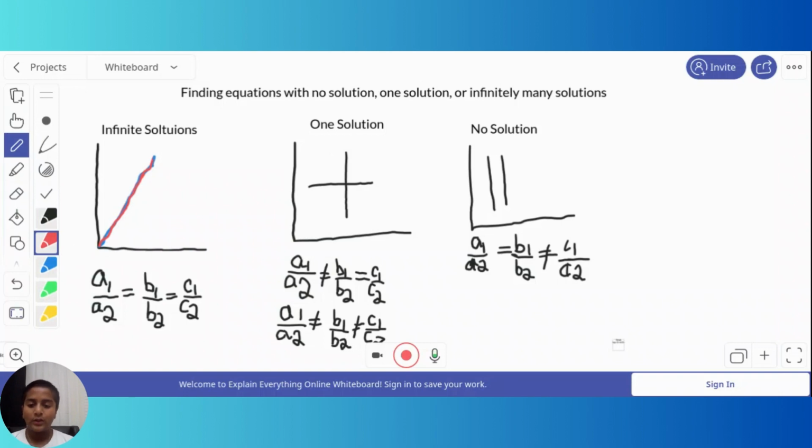Now I'm going to be explaining what the variables are: A1, A2, B1, B2, C1, C2.